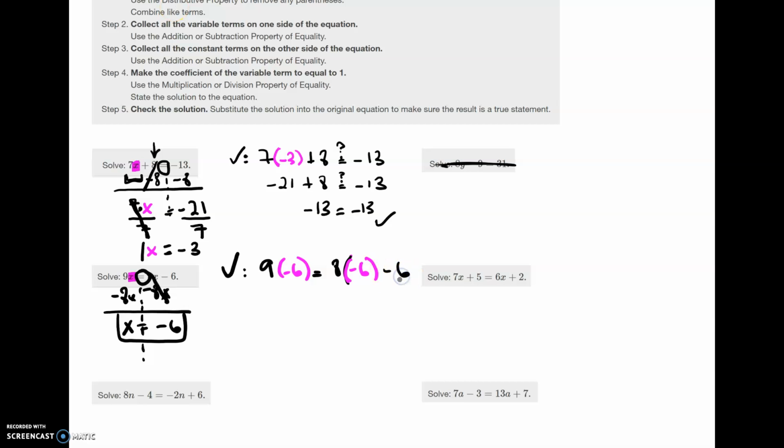subtract 6. Okay, so 9 times negative 6 is negative 54. And then we have 8 times negative 6, which is negative 48.